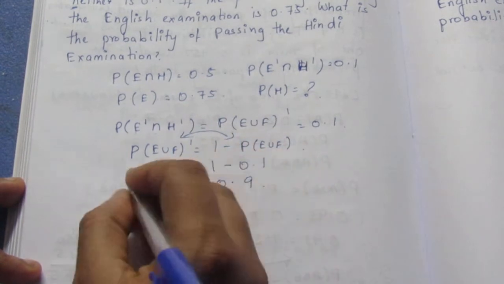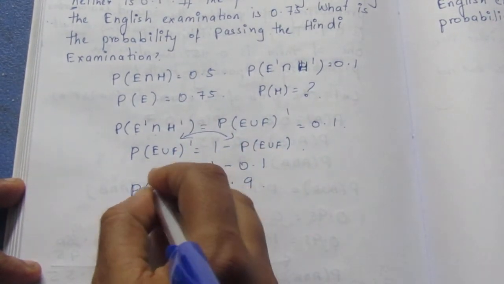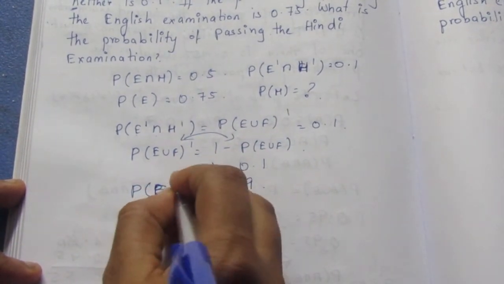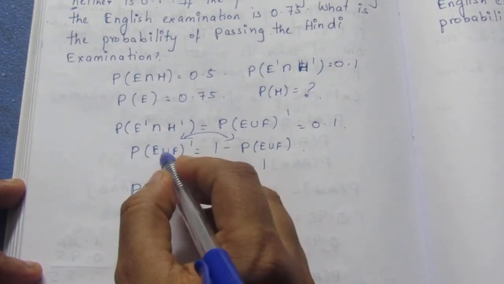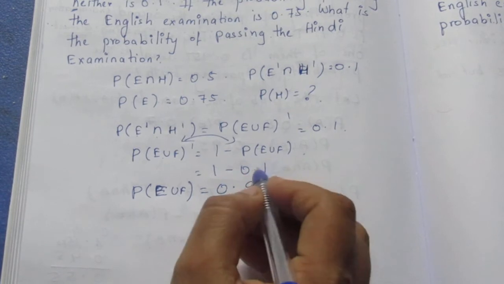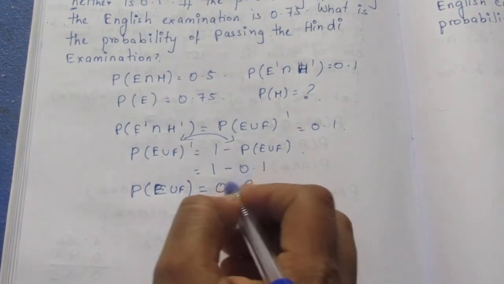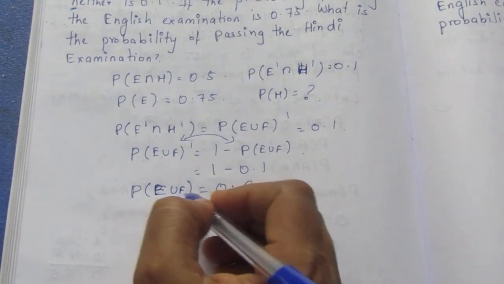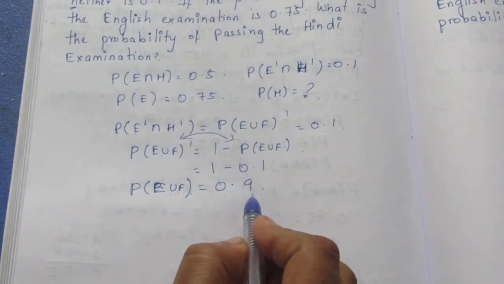If this comes to this side, we have found the value for P of E union H. So we have got P of E union H is equal to 0.9.